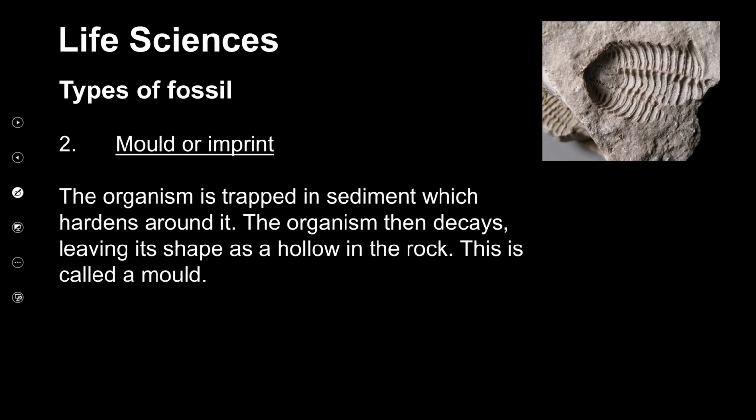Another type of fossil is what we call a mold. And what happens there, the organism gets trapped, the sediment hardens, and the organism decays afterwards. And if you have a look at this picture, you can see that is a mold, because you can see the animal was there, it's not there anymore, but you can see its shape quite clearly.